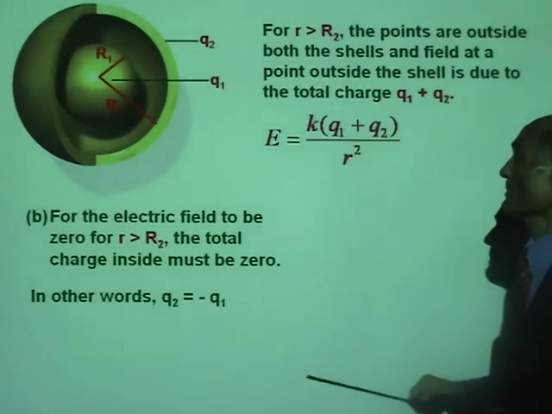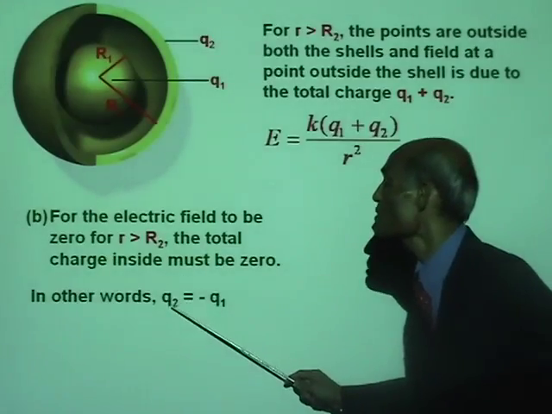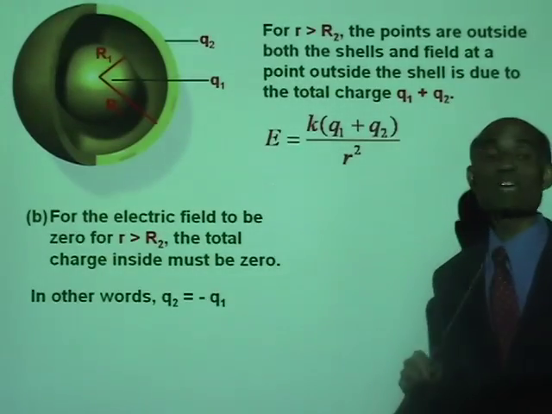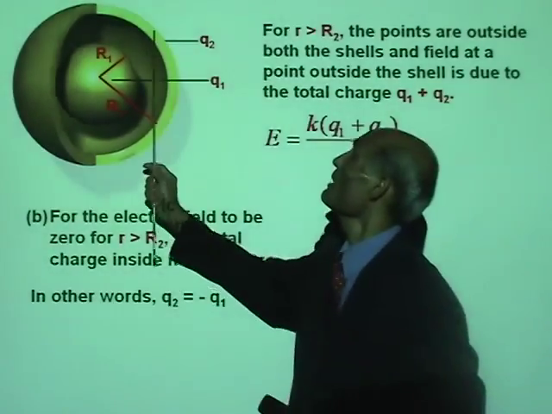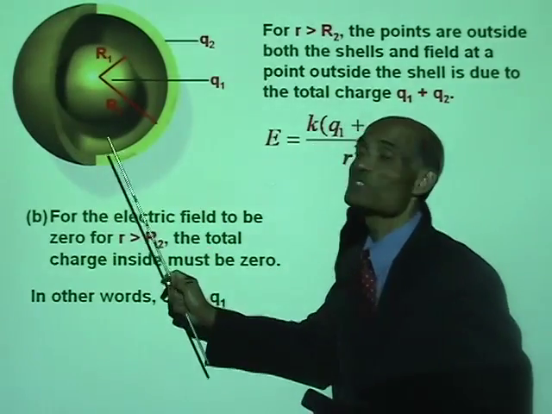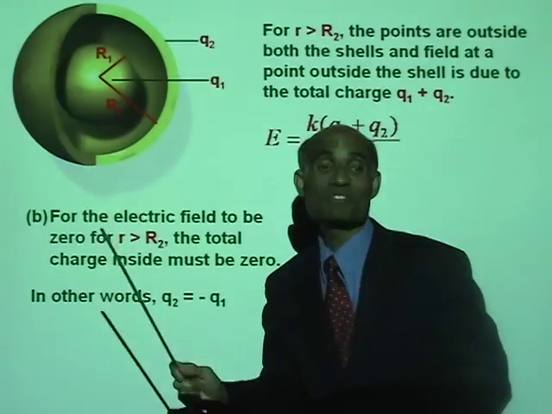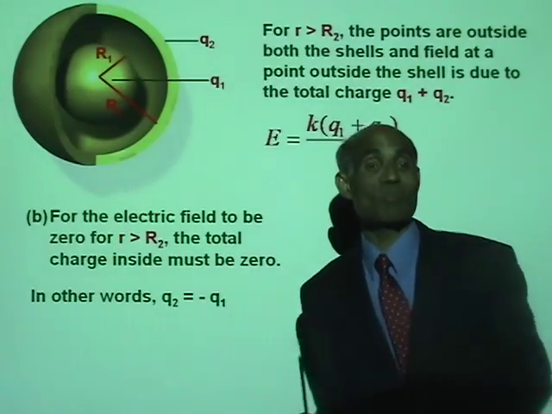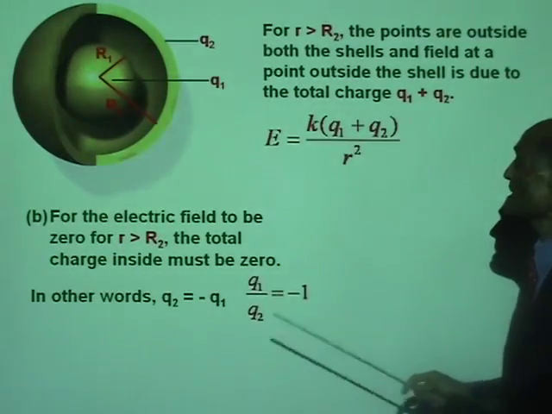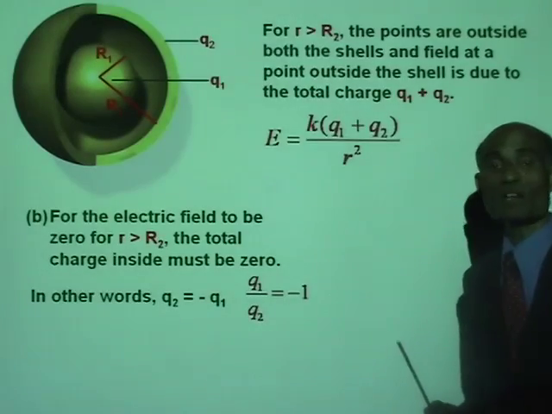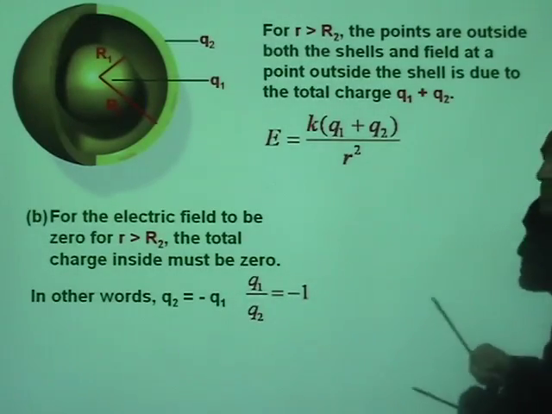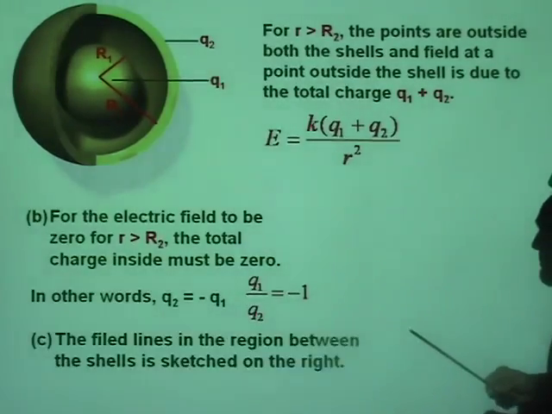Now, when will that happen? It happens when Q2 equal to negative Q1. That means the amount of charge Q2 on the outer sphere is equal and opposite to the amount of charge inside. If one is positive, the other is negative. Therefore, Q1 over Q2 equal to -1.